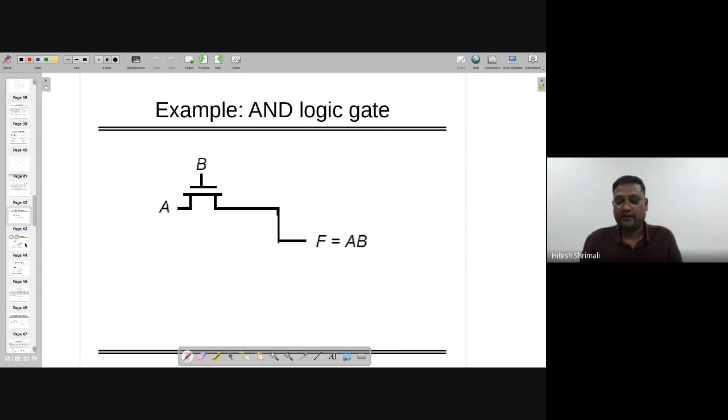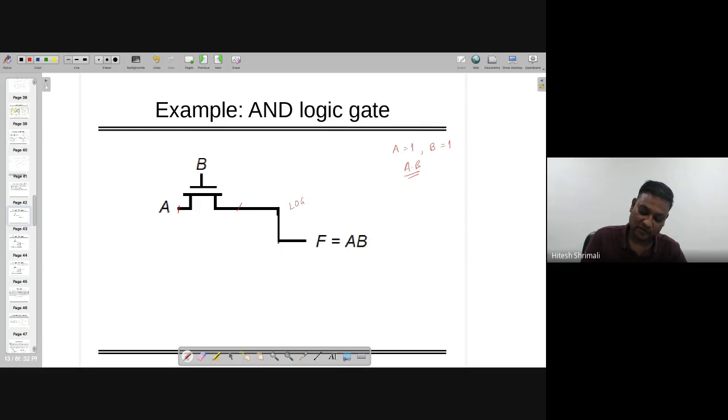Let's look at how the technique works. Let's assume that I want to make an AND gate. What I can do is connect an NMOS where the source is connected to A, the gate is connected to B, and the drain is connected to the output. You can see that if A equal to 1 and B equal to 1, the output should be A and B, meaning logic 1.